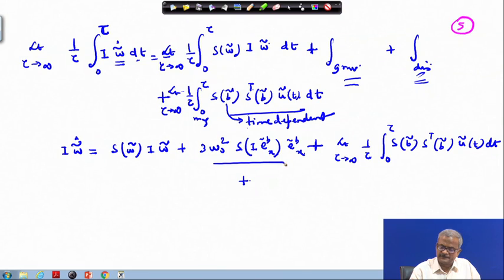And then this is the gravity gradient term, this is the magnetic term, and of course the disturbance term. So, the disturbance term, let us say this u tilde, we have used tau t.